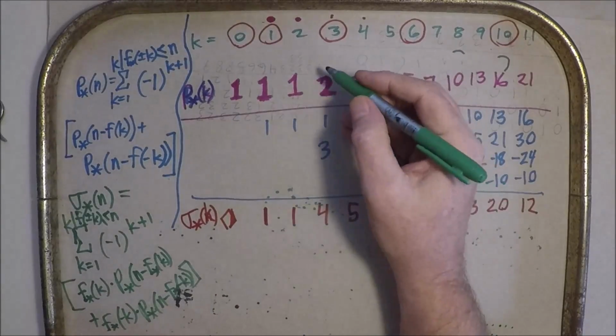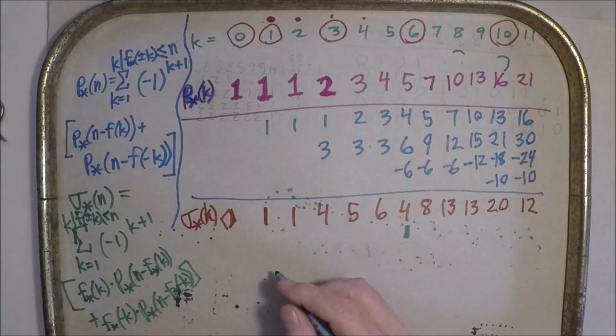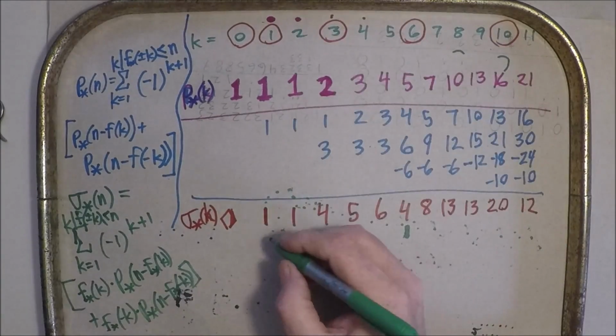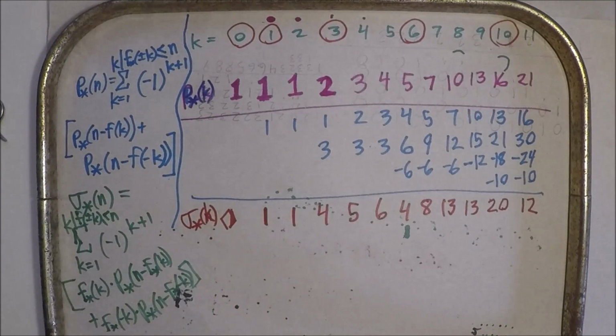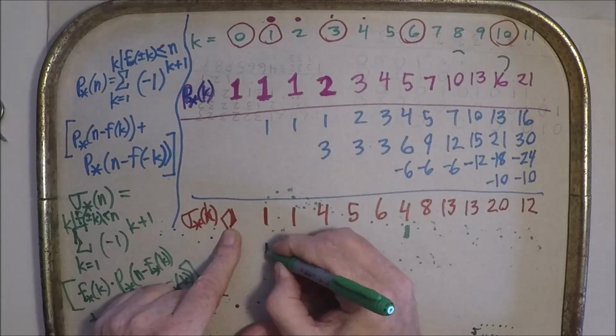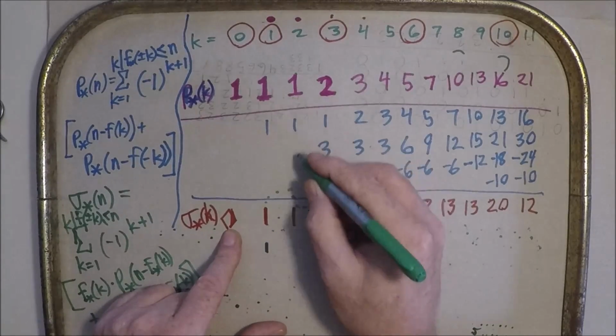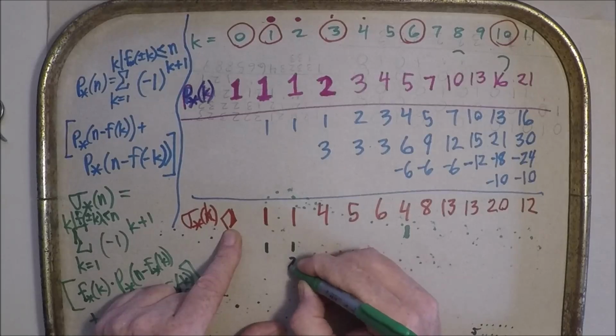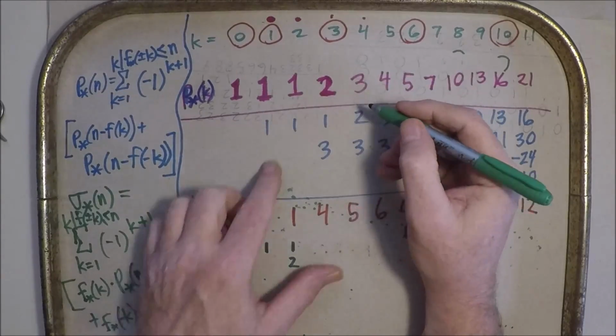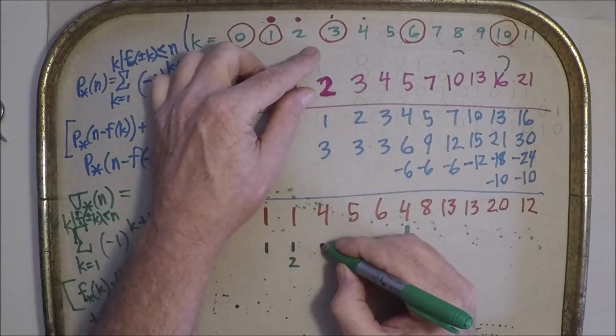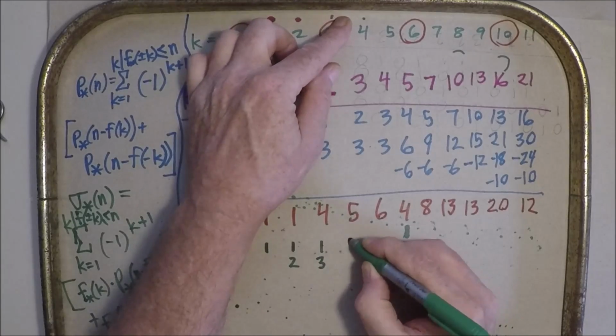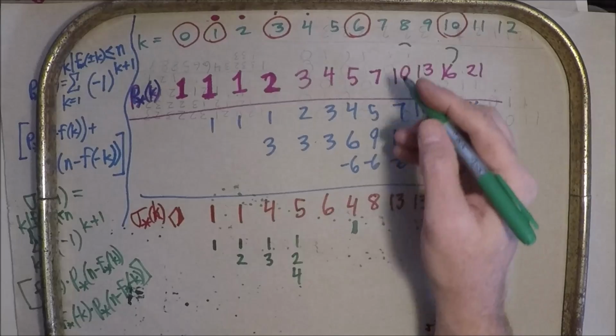But let's do this. For each k, let's list the divisors of each of these numbers. So for 1, we have 1, and for 2, it's 1 and 2. And for 3, it's 1 and 3. And 4 is 1, 2, 4.